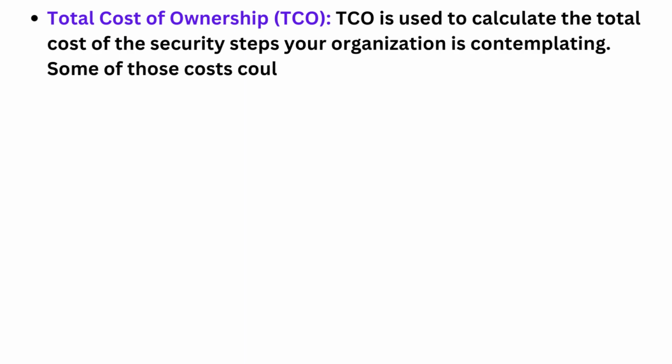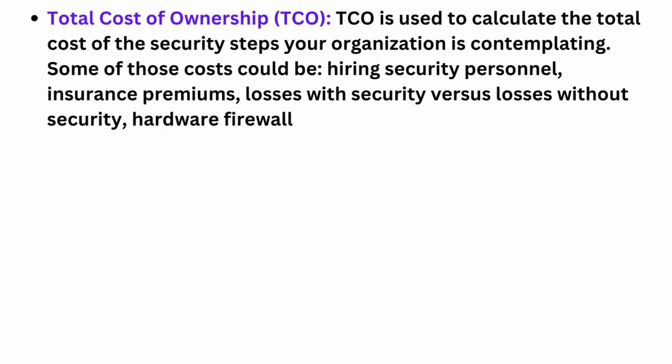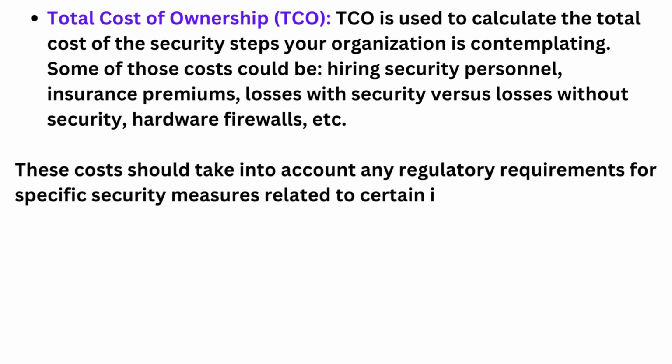Some of those costs could be hiring security personnel, insurance premiums, losses with security versus losses without security, hardware firewalls, etc. These costs should take into account any regulatory requirements for specific security measures related to certain industries.